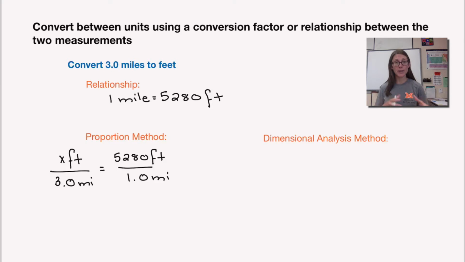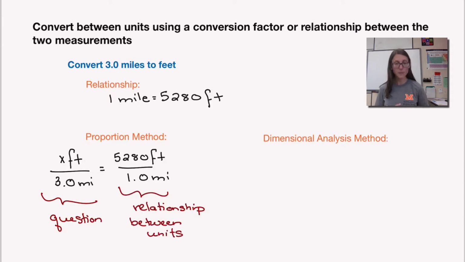So as you look at this setup, one side is what the question is, and the other side is the relationship. And when you're setting up a proportion, just make sure that you have the same units in the numerator on both sides and the same units in the denominator on both sides. And then once you have a proportion set up, you just solve for it. You cross multiply and solve for x.